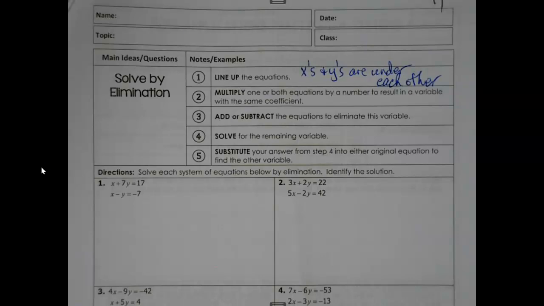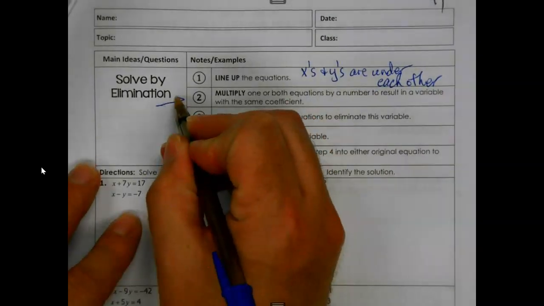Okay, step 2. Multiply one or both equations by a number to result in a variable with the same coefficient. In other words, check, add down, and see if you can eliminate something. So we're going to add something in here.